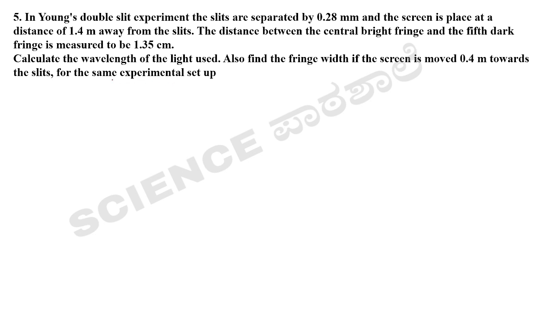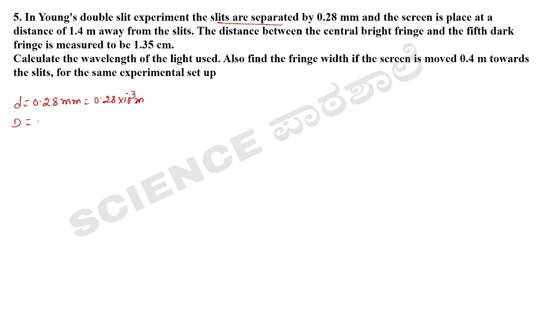Okay, so first write down the given data, what is given. Young's double slit experiment, slits are separated by, slit separation is given. So distance between two slits, that is small d, is equal to 0.28 mm is equal to 0.28 into 10 raised to minus 3 m. And the screen is placed at 1.4 meter.